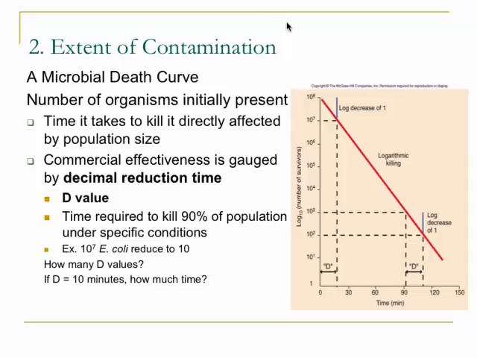This curve can change depending on the organism, the temperature or the pH that you're treating it at, and the concentration of the chemical. But this is just to show you the time it would take to kill, for example, E. coli being treated with bleach, a chlorine-containing, halogen-containing compound.